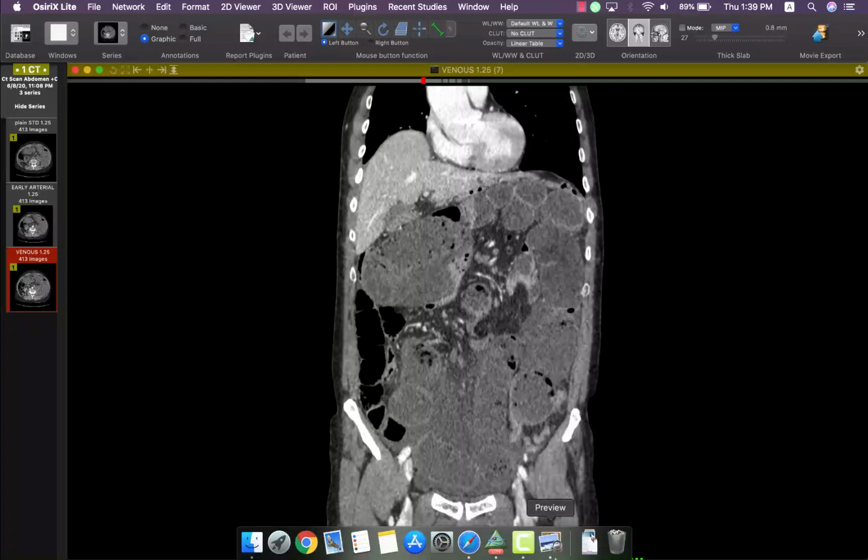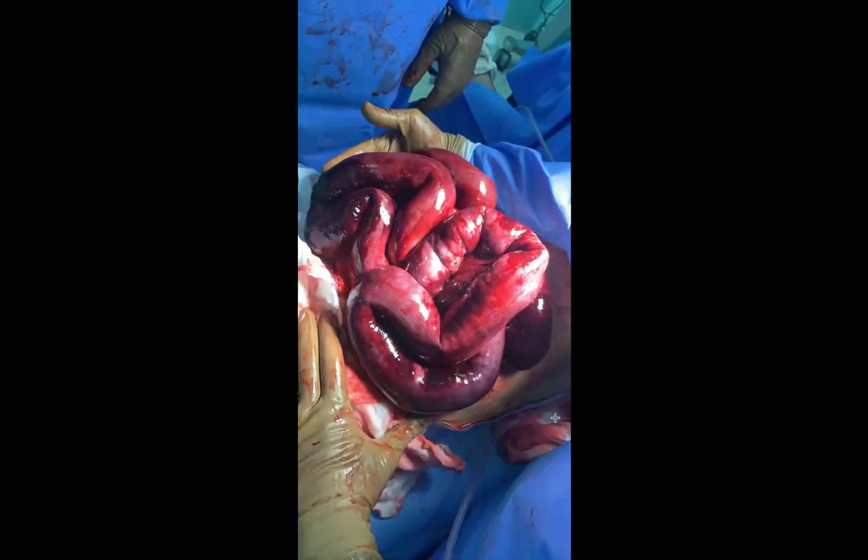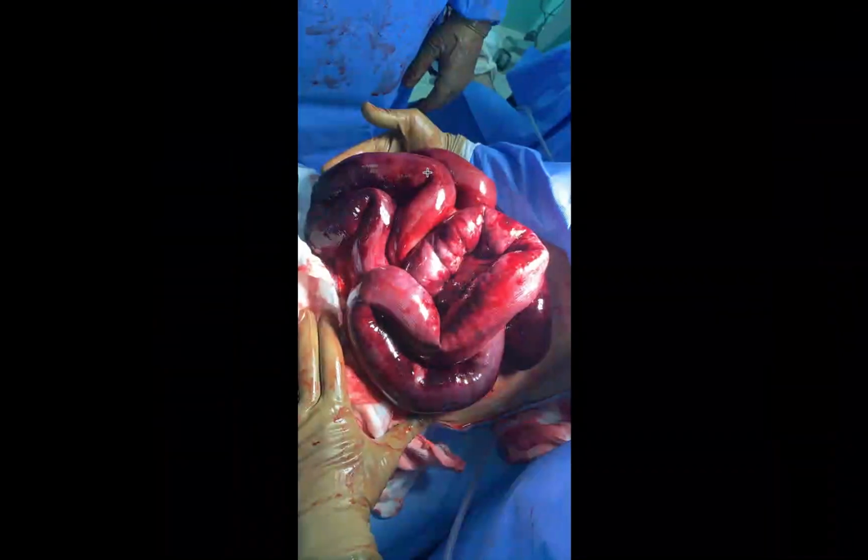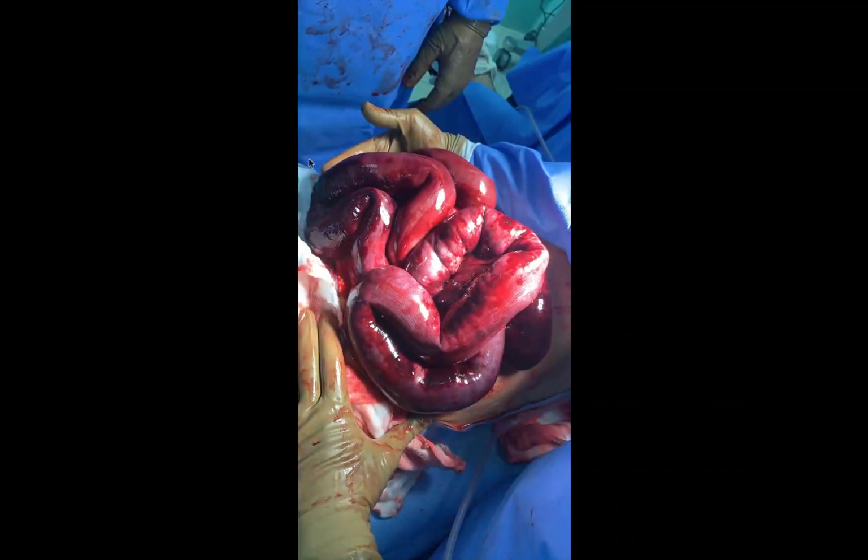Actually, the patient here was operated on, and this is the bowel seen entrapped in the closed loop obstruction, and we can see here this is the area of gangrene seen in these affected bowel loops.